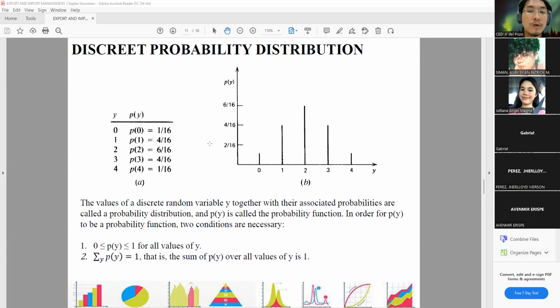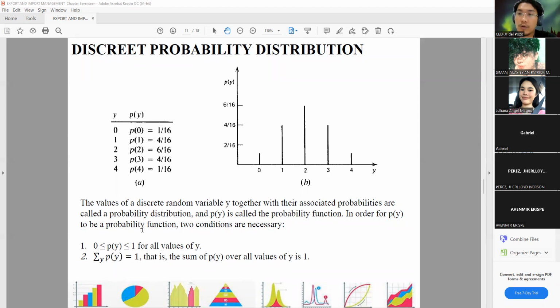In order for p(y) to be a probability function, 2 conditions are necessary. First, that all of the values must not be less than 0 and also must not be greater than 1.